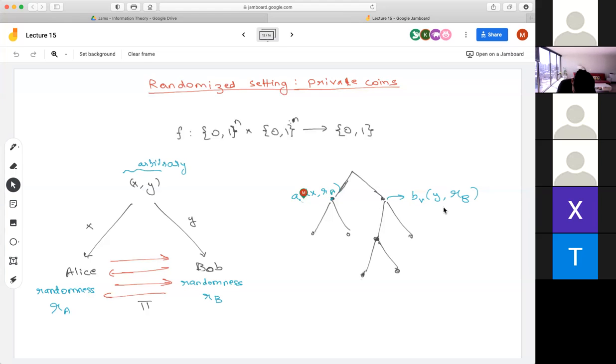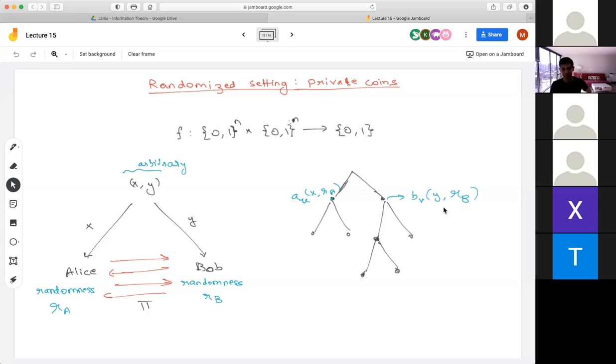Let's call this node u. So these functions now are not just functions of the input, but they can also depend on randomness. That's one way of thinking about it. Going to rectangles and so on gets slightly more involved, but we'll get there in a bit. Any questions about the notion of randomness we are talking about?